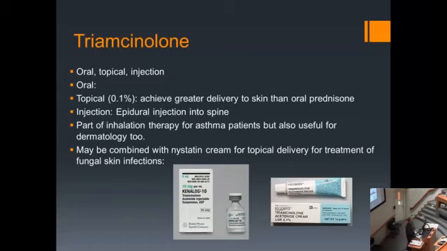If you're allergic to nickel and you accidentally buy a nickel piece of jewelry, right? Psoriasis, bee stings. Even if you're not allergic, a bee sting is an inflammatory thing, right? So those are the types of things that you can see. It has been used as an epidural into the spine. It's also part of the inhalation therapy for asthmatic patients, but it's really useful for dermatology as well.